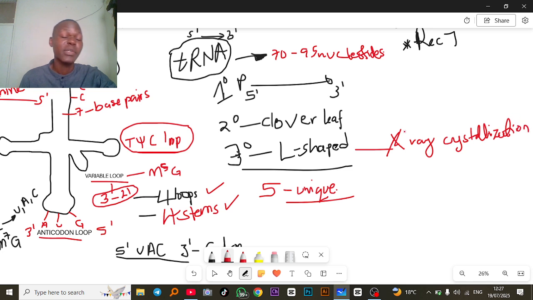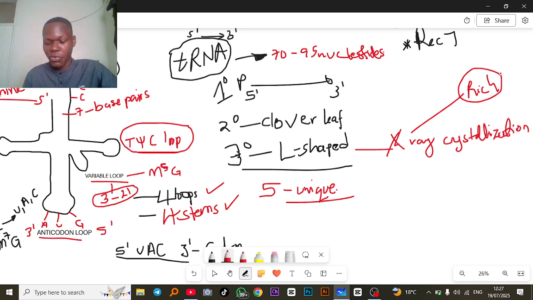Some will focus on the years and the people that found it, but you can remember one person is called Rich. You can go and look for the other names, which I may not give you. They may not be so much important, but one person is Rich, and the year was 1974. Okay, so that's about the tertiary structure.